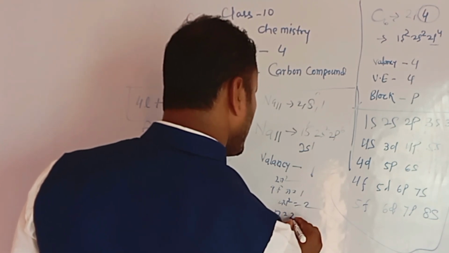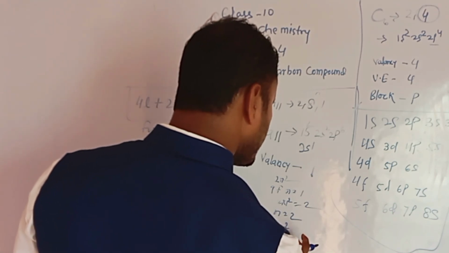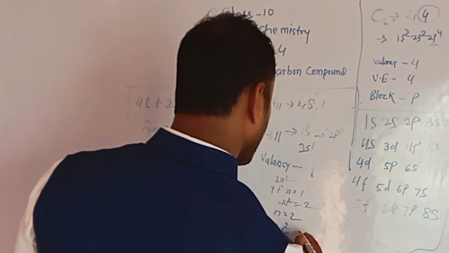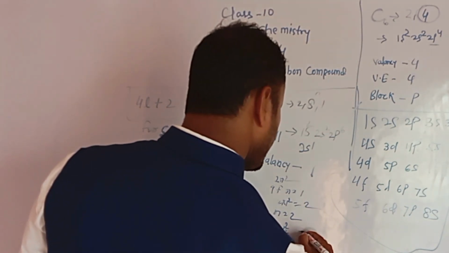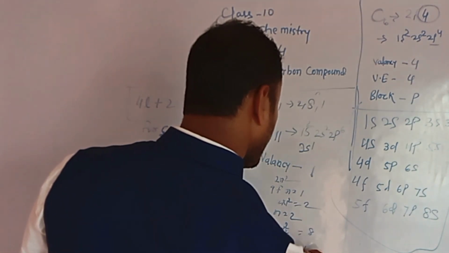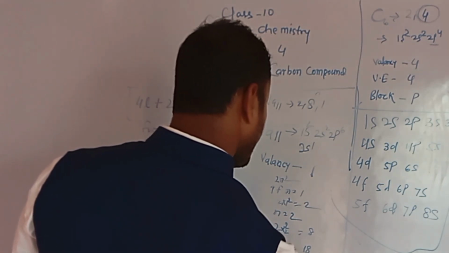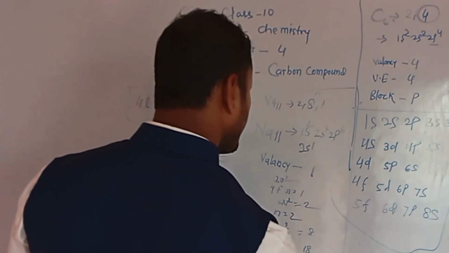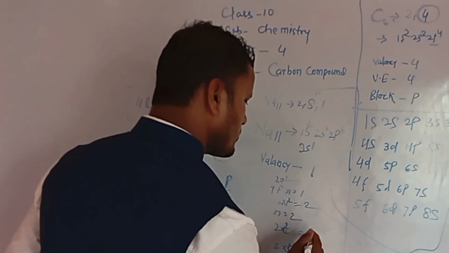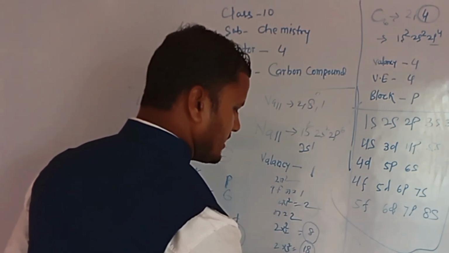N equal to 2, then this becomes 2 into 2 square, that means 8. 2 into 3 square, then this becomes 18. 2 into 4 square, then this becomes 32. It means in the first orbit, how many electrons? 2 can live. In the second, 8. In the third orbit, 18 can live, then 32.